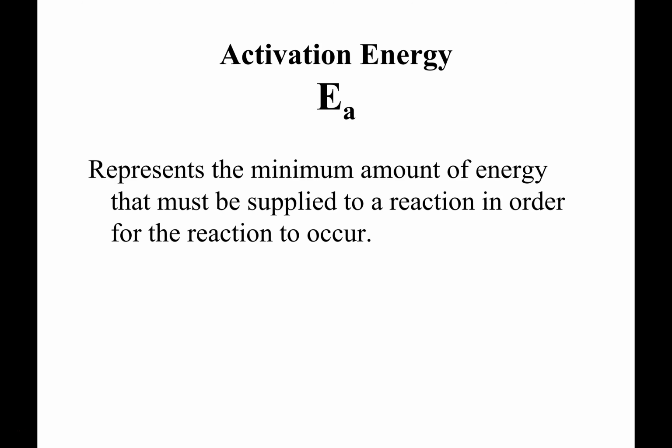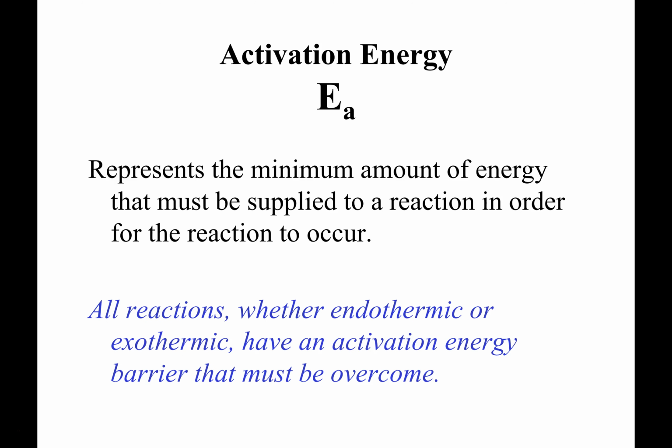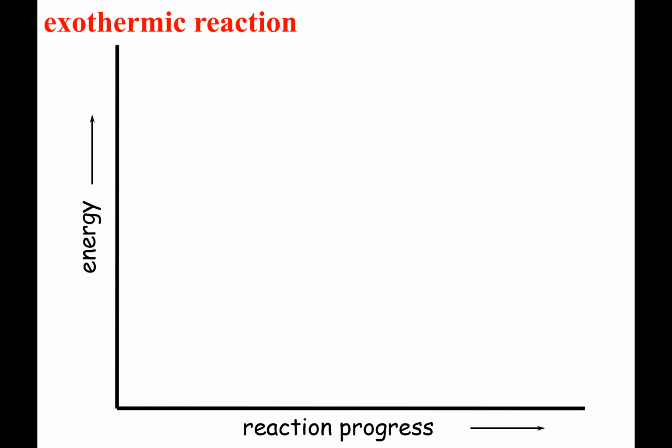So activation energy. You're going to see it here in a minute on an energy curve. We're used to looking at energy curves and identifying whether an overall reaction will release energy, we call it exothermic, or will require energy, we call that endothermic. We can get that from an energy diagram. Whether it's endo or exothermic, both energy diagrams will show this hump.